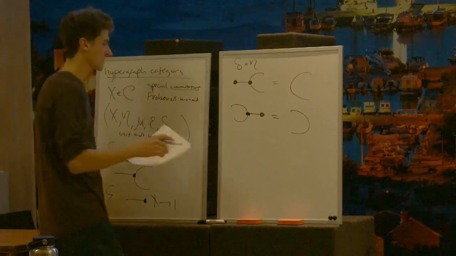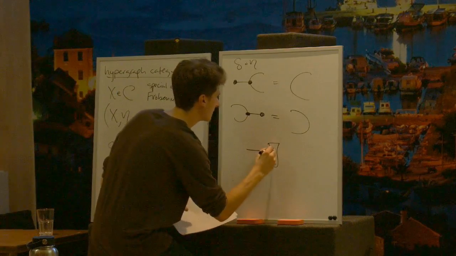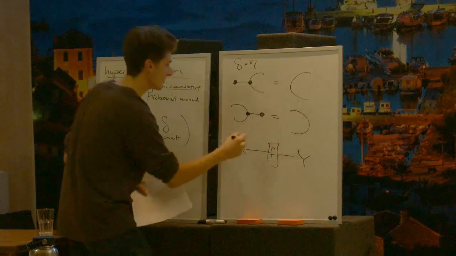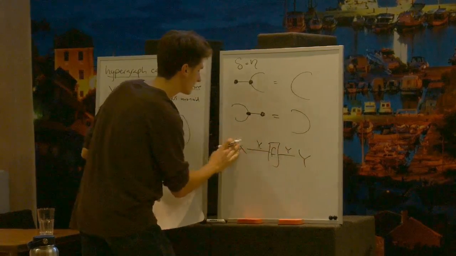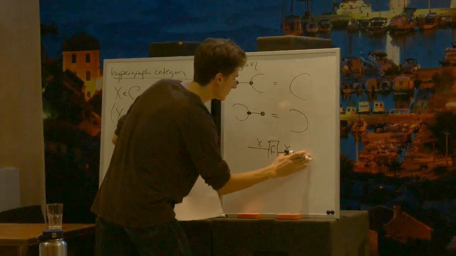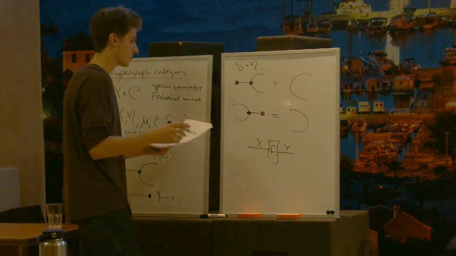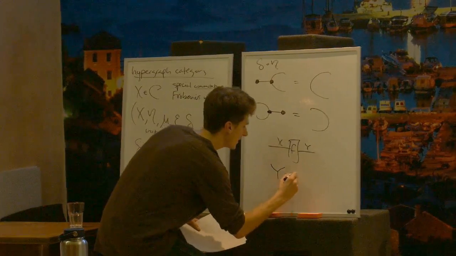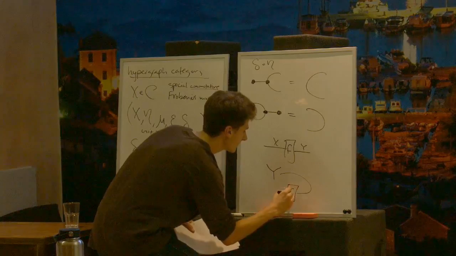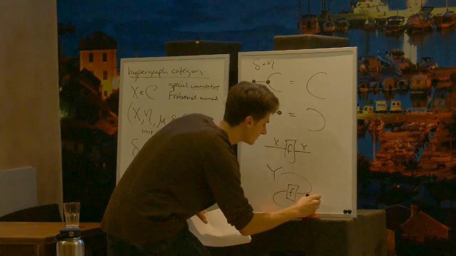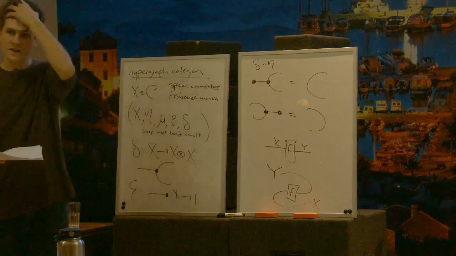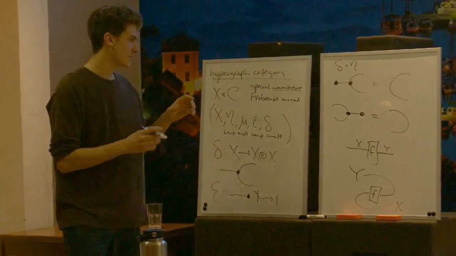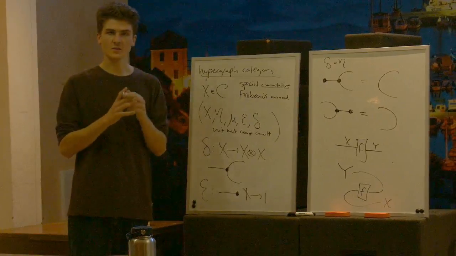And so given some f from x to y, although in string diagram it would just be like that, you can pre and post compose with these to flip it around. So you get the so-called name of the morphism, and it has to do with the way that you can dualize a function into its evaluation and co-evaluation.